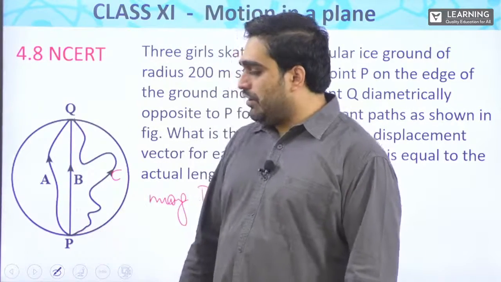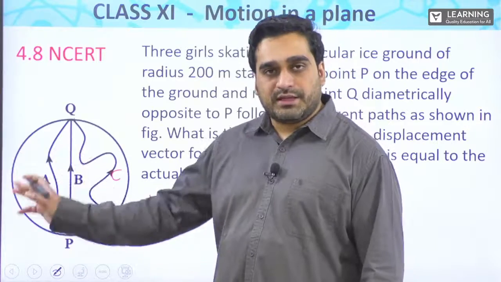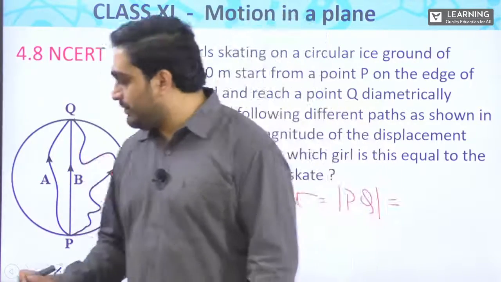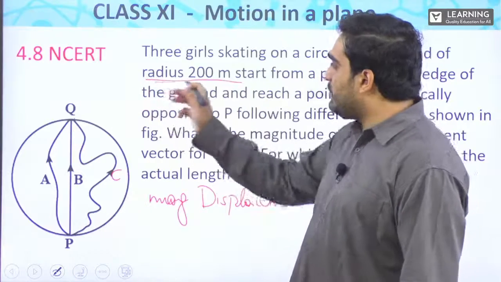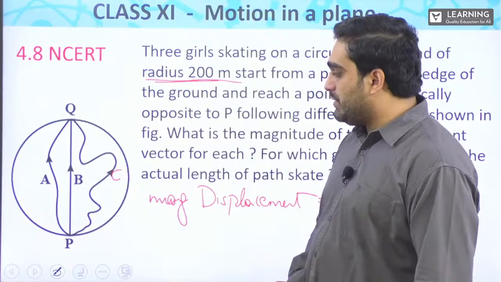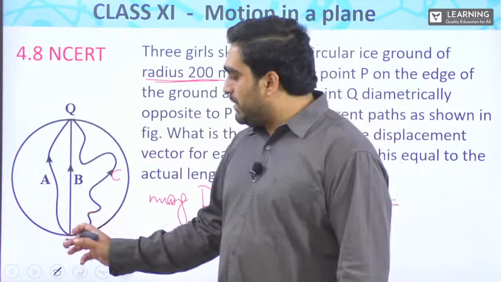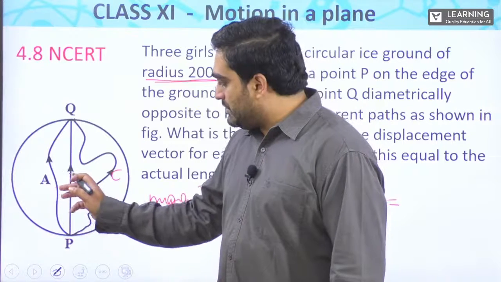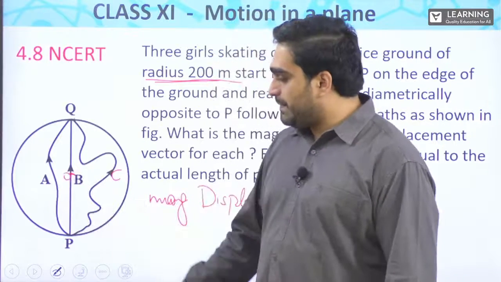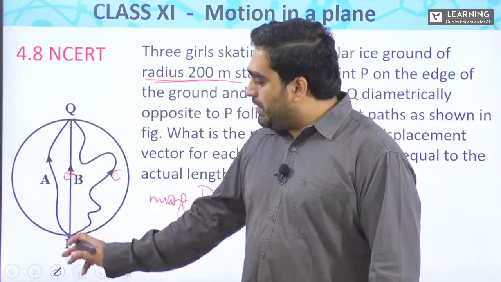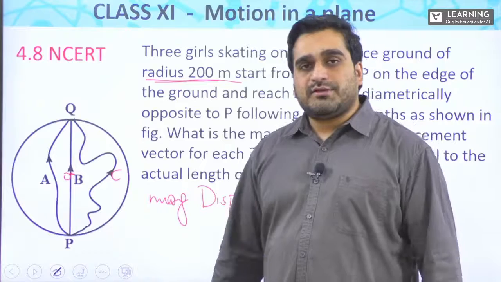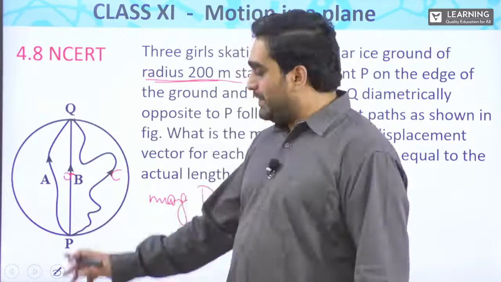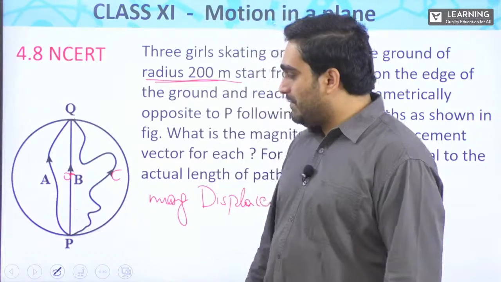Now radius of the circular track is given. If you look at it, you have radius of a circular track which is about 200 meters. Since, let's say point O, center, OP represents the radius, so does OQ. 2 times the radius represents the diameter. PQ here represents the diameter.